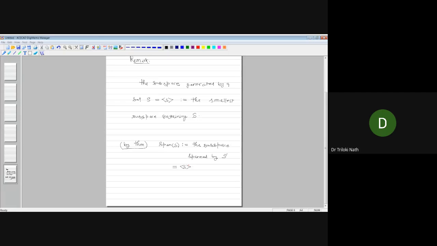So that's why whenever we say the subspace generated by or the subspace spanned by, both have the same meaning. The subspace generated by a set or spanned by a set is written as span S. So both are the same.